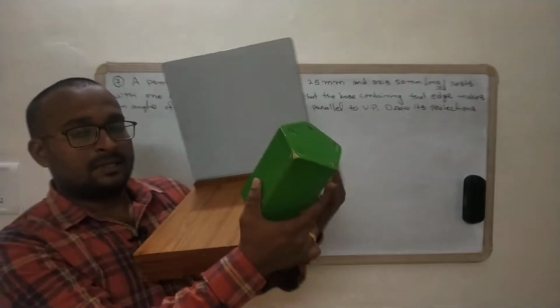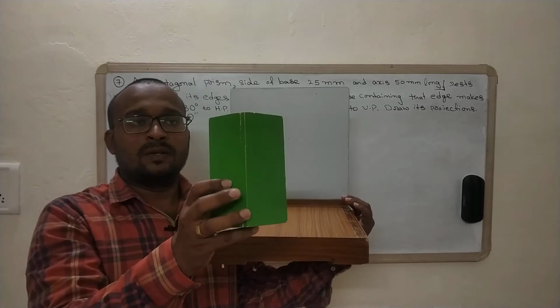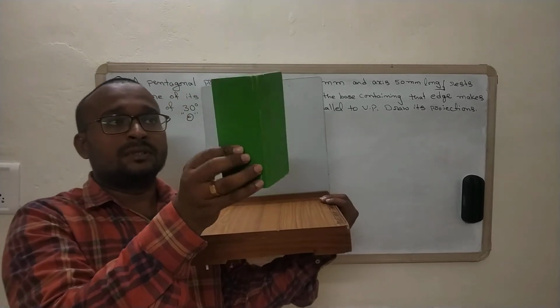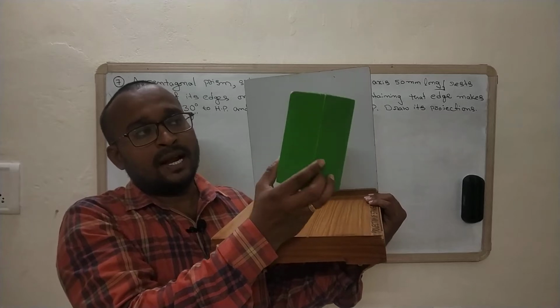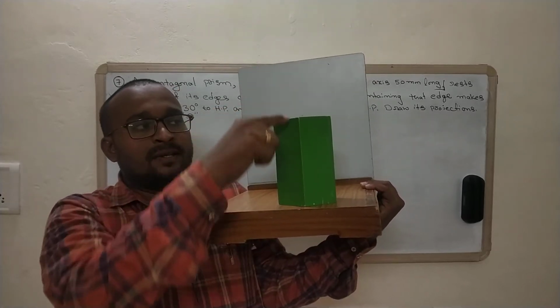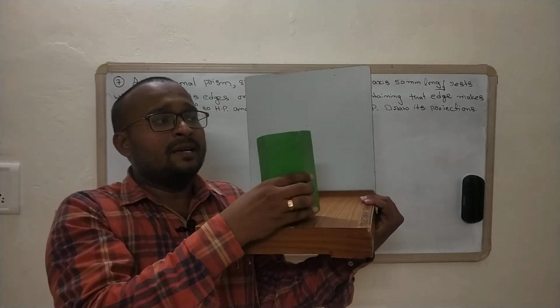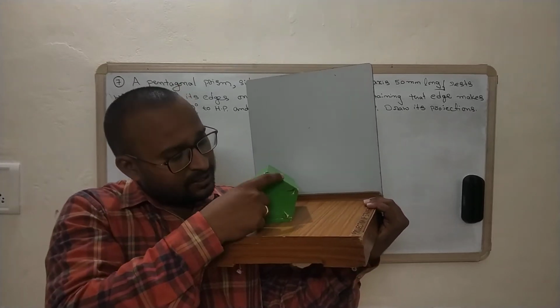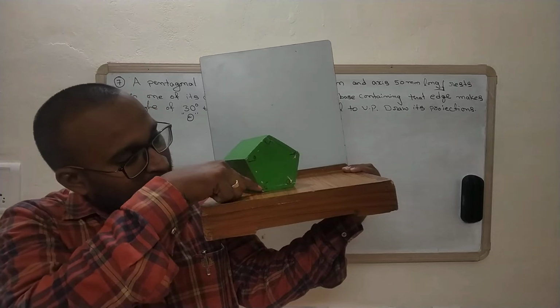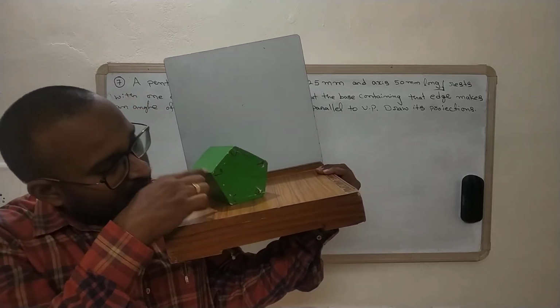Here, this is a pentagonal prism, right? So here the base edge is 30 mm and the height of the axis is 50 mm, and it is resting with its base edge. That means these are all called the edges of the base.